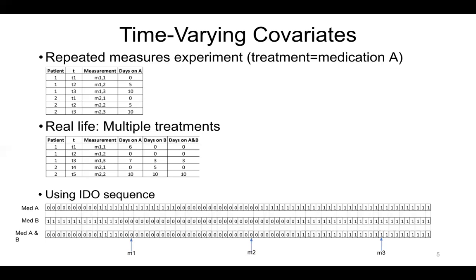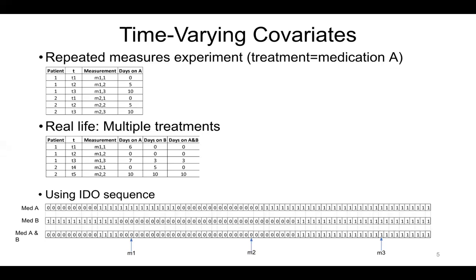In real life situations, patients can receive treatments for different conditions, and these treatments can all affect the same measurement. As in the second table, we first need to determine the dates of the outcome measures. Then we need to derive the treatment and possible confounder information relative to the measurement dates.